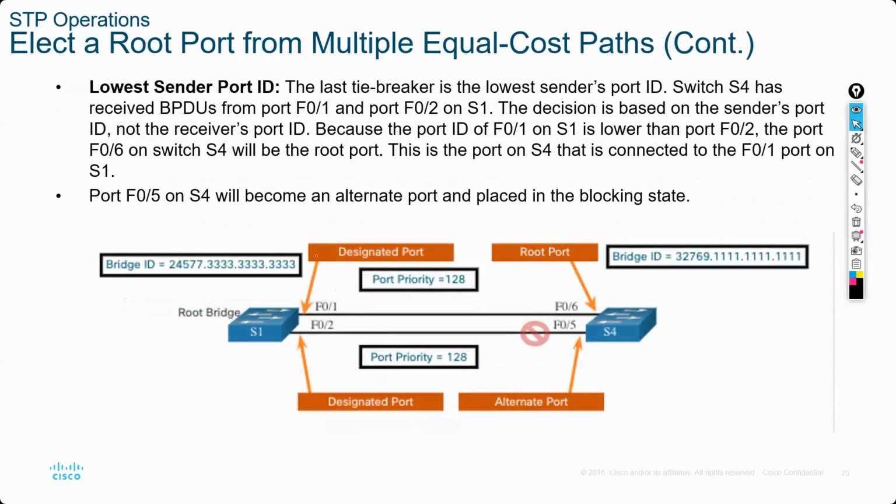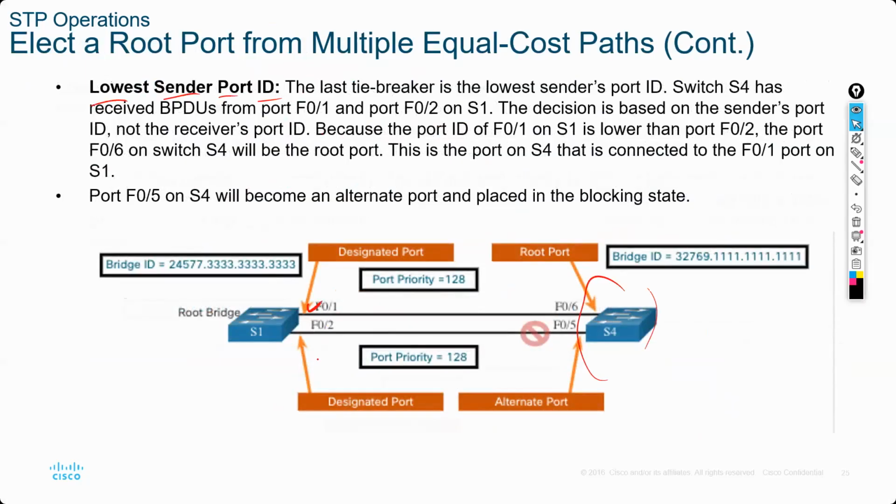And look at what it's going to do. The lowest sender port ID. Port ID is different from port priority. So look at what the switches do. This switch here needs to block one of the links on its own side, but it doesn't know which one to block. If it's considering port ID, there are 2 ports on the root bridge.